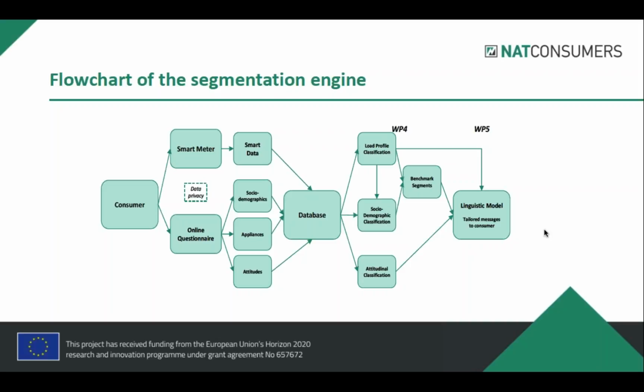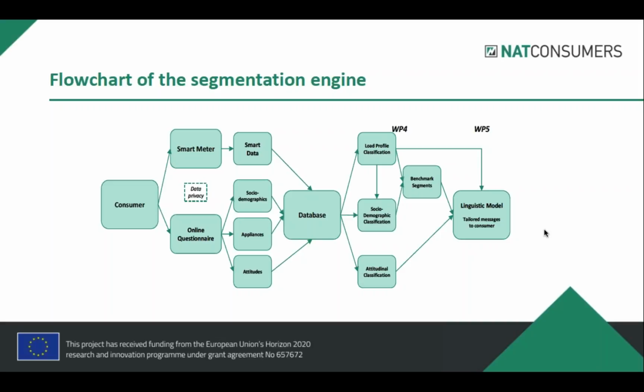In this project, as I said earlier, we made three types of segmentation: load profile segmentation, socio-demographic classification, and attitudinal classification. The load profile segmentation is based on the data set gained by the smart meter, and we place consumers in load profile segments which differentiate daily, weekly, and monthly groups.